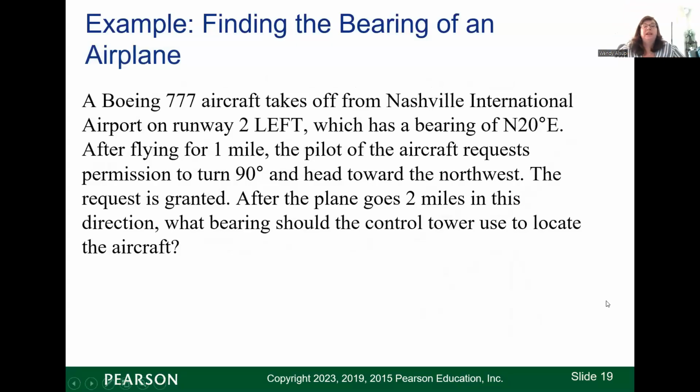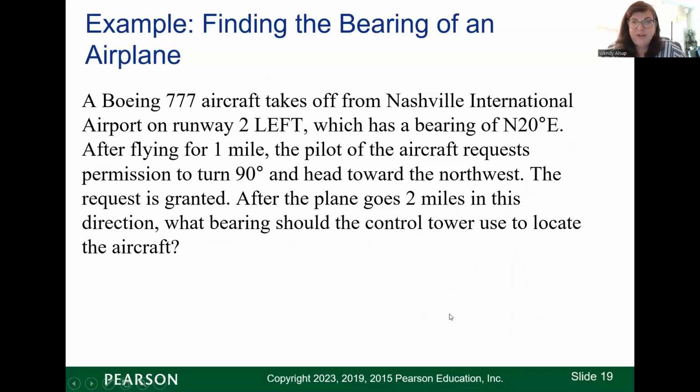A Boeing aircraft takes off from Nashville International Airport, I've been there, on runway 2 left, which has the bearing north 20 degrees east. After flying for 1 mile in that direction, the pilot requests permission to turn 90 degrees and head toward the northwest. After the plane goes 2 miles, what bearing should the control tower now use to locate the aircraft?